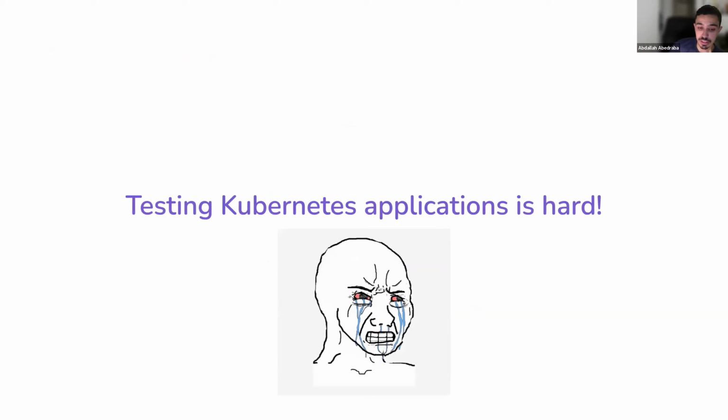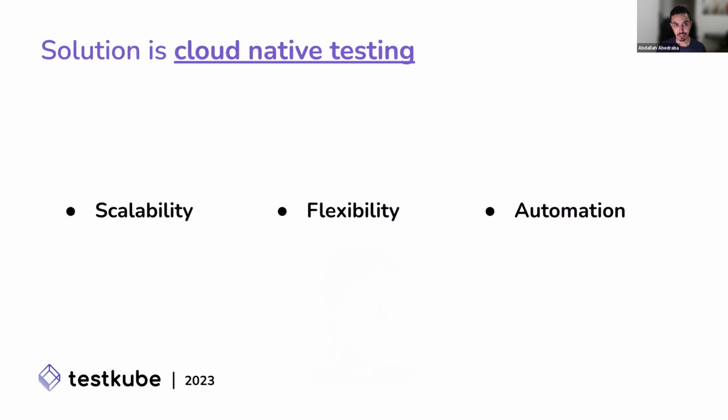So all of this to say that testing Kubernetes applications is actually hard, and it's multifaceted. There are multiple points in time where you want to run them, and hopefully one of the solutions for that is what we call cloud native testing. So what does that mean?